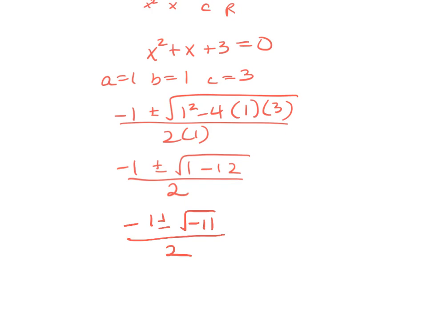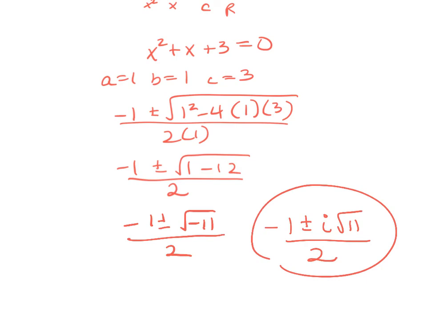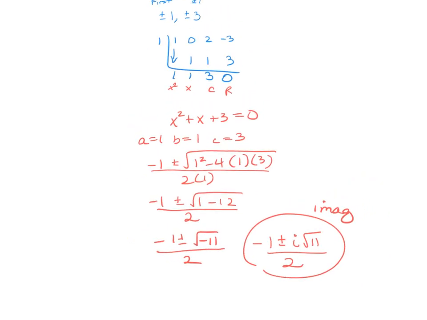So I've got an imaginary root. So I get -1 plus or minus i square root of 11 over 2. So I actually have 2 imaginary roots here. And then I've got the 1 real up here, the x equals 1. So I have 1 real solution and 2 imaginary.